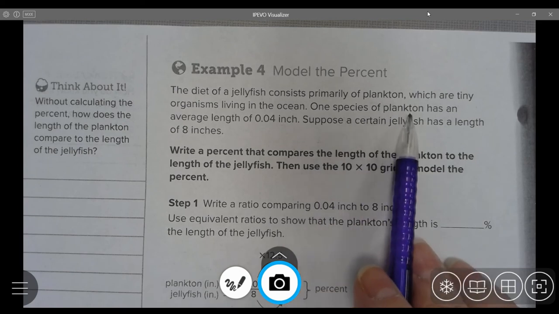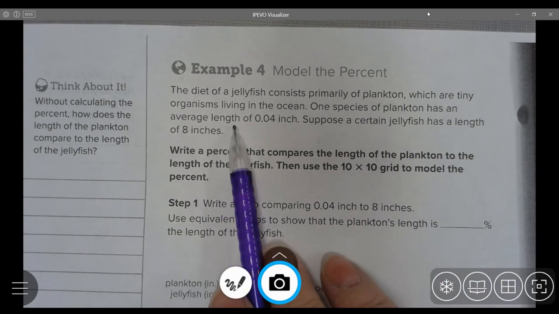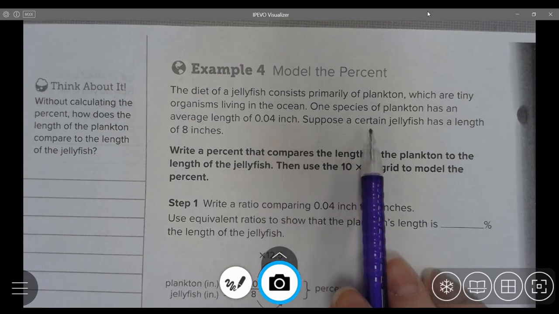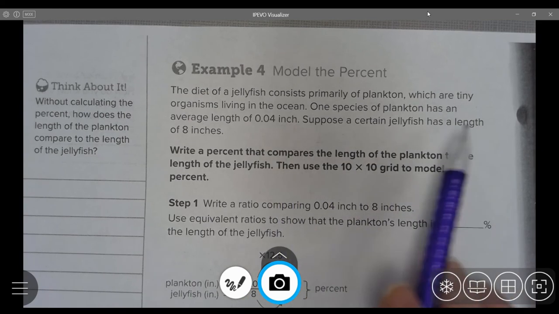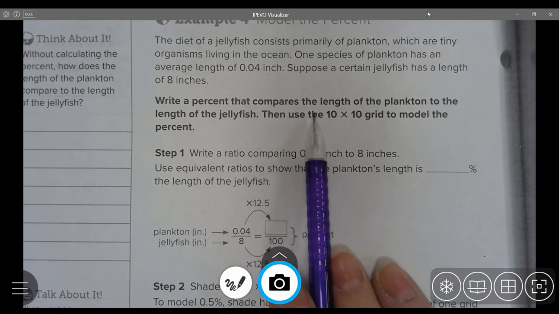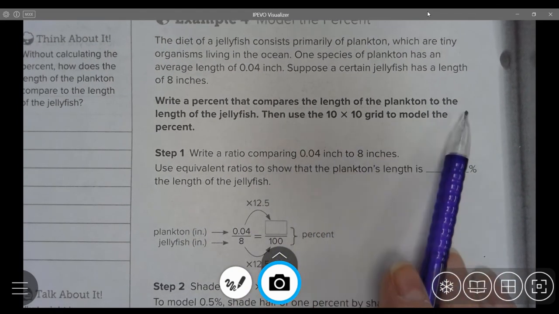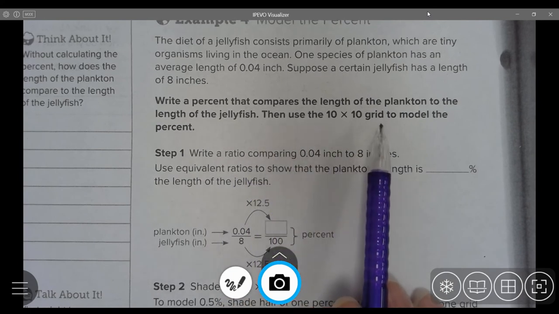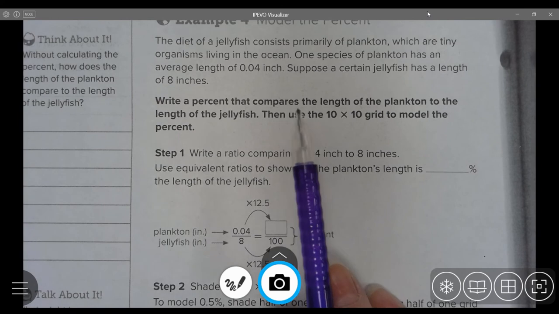One species of plankton has an average length of 4/100 of an inch. Suppose a certain jellyfish has a length of 8 inches. Write a percent that compares the length of the plankton to the length of the jellyfish. Then use a 10 by 10 grid to model the percent.